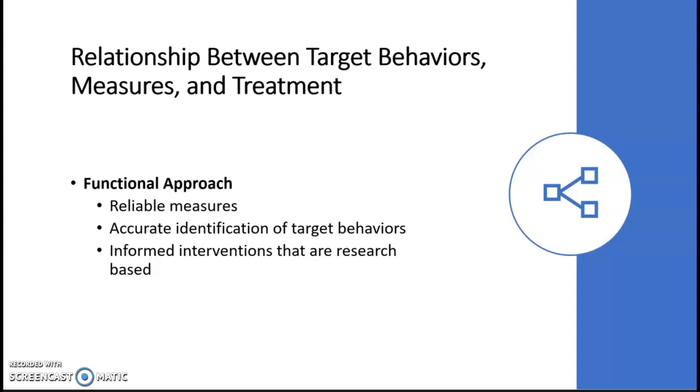This can inform the appropriate treatment interventions, and research indicates, they give examples in this chapter, that exposure therapy is an appropriate intervention for both Susan and Barry, given their escape-maintained maladaptive behaviors that were identified and verified.